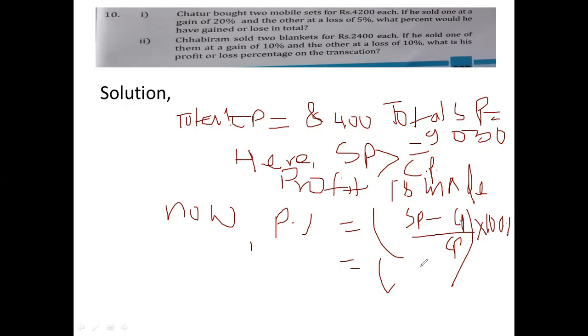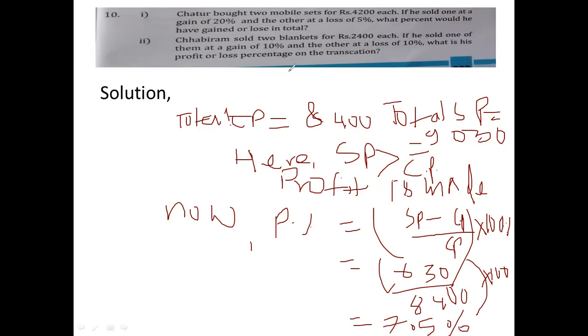If you subtract, you will get 630, and below it 8,400 into 100. Then you will get the value 7.5%. Are you clear about this solution, children?